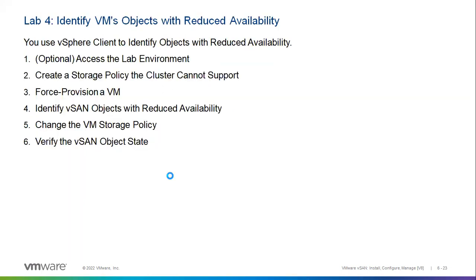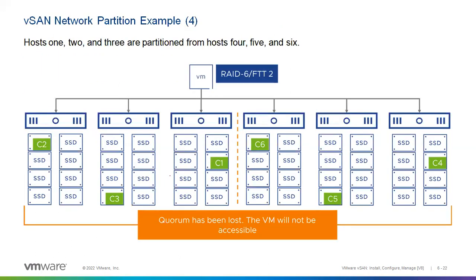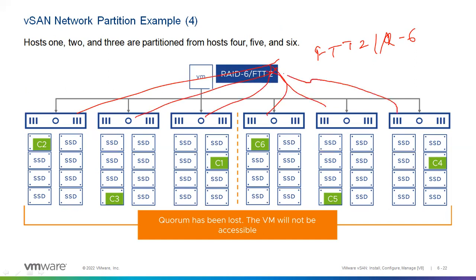If you are planning FTT2 RAID 6, it means you are planning to sustain 2 node failures. That's good, you have done it at the storage level.